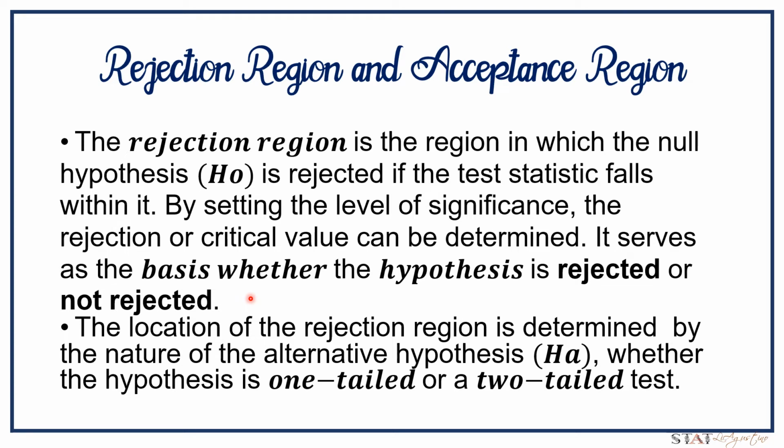So in your statistical testing or your hypothesis testing, you should know this rejection region and acceptance region for you to have a statistical decision. The location of the rejection region is determined by the nature of the alternative hypothesis, or your HA, whether the hypothesis is a one-tailed or a two-tailed test.